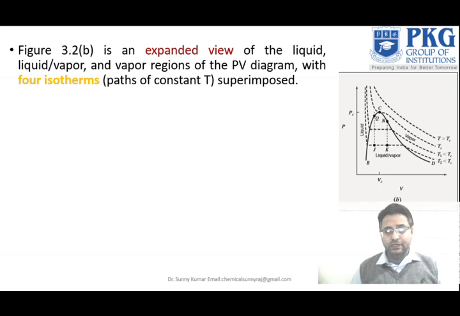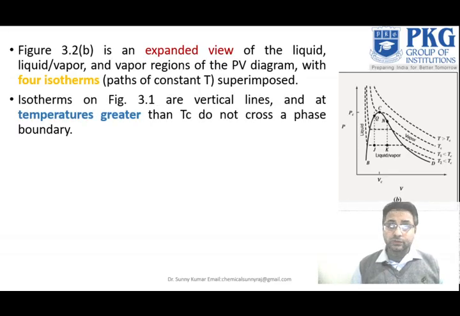These four diagrams show the behavior of matter, with four isotherms, paths of constant temperature, superimposed. Isotherms on figure 3.1 are vertical lines, and at temperatures greater than Tc they do not cross a phase boundary.